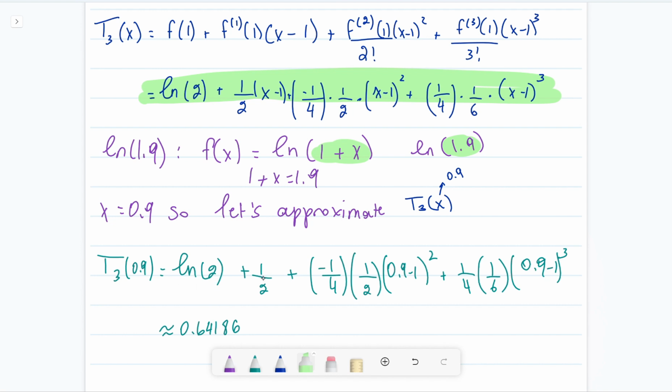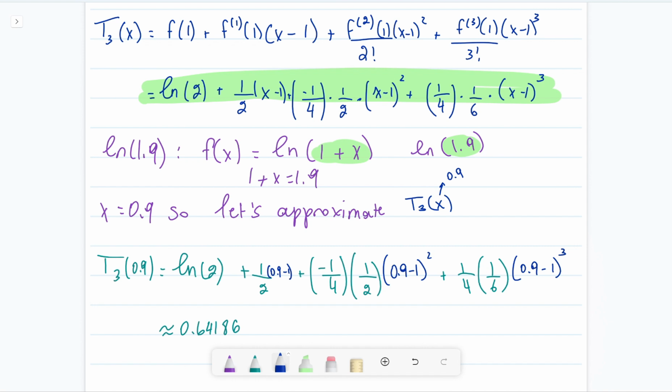First it's ln of 2 plus half times 0.9 minus 1, plus negative quarter times half times 0.9 minus 1 squared. I'm just writing it in a different color for you to be able to identify it quickly. Plus quarter times 1 over 6 times 0.9 minus 1 all cubed.